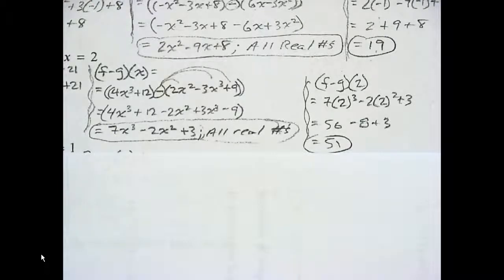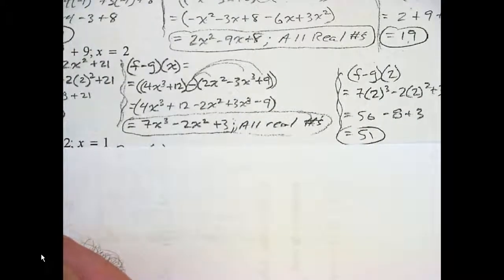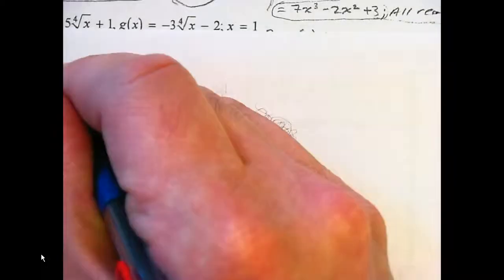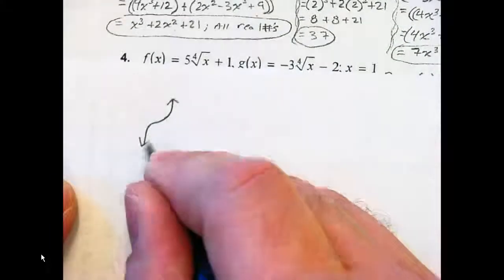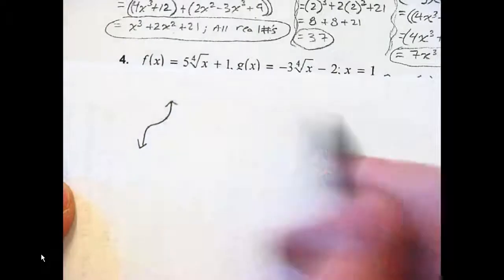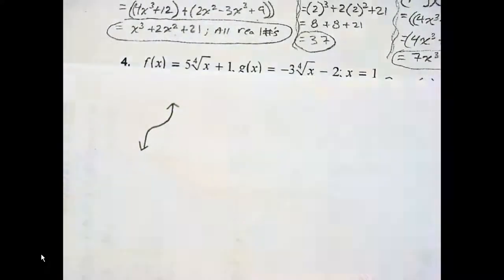You've got to think about what your graph looks like. It's a cubic function. Okay, a cubic function does this. A cubic function does that, meaning it's extending outward in directions forever. So your domain is all real numbers.